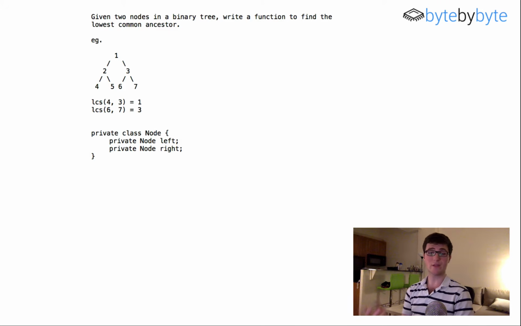And then the first thing I'm going to do is write the function that is going to find the path to a given node from the root of the tree. So I'm going to make it public, and it's going to return a stack, and the stack is going to be the path. So stack of nodes, and it's going to be pathToNode, taking tree and node n.